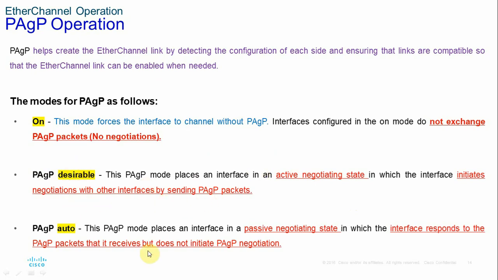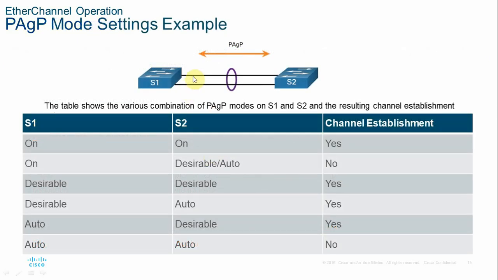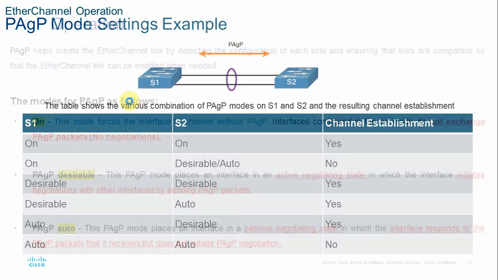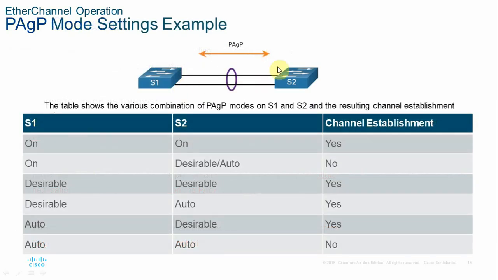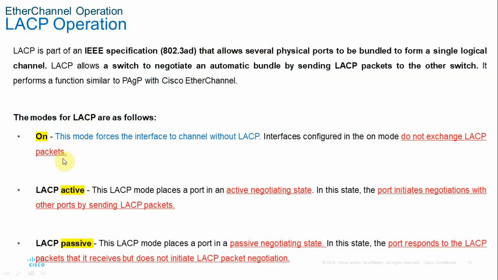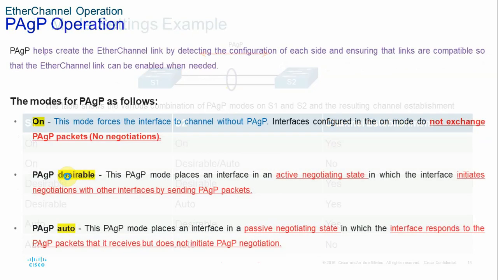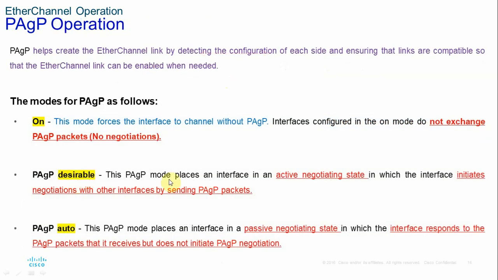The switch where I configure PAgP desirable will initiate negotiation with the other switch port. For example, I have two switches here, and each will have two ports. With the on mode, both ports should be on, and immediately they will make the EtherChannel, with no need for negotiation. The second mode is desirable, which means one switch will actively negotiate.